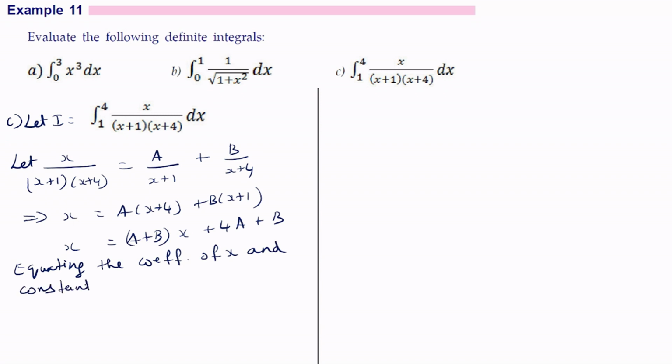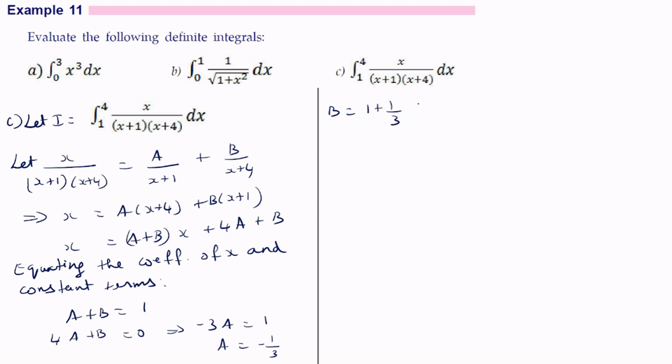So when we equate, we get a plus b equal to 1 and 4a plus b equal to 0. Now when we solve these two, we can subtract. So we get minus 3a equal to 1 or a equal to minus 1 by 3. Here a plus b equal to 1, so from here we have b equal to 1 minus a.